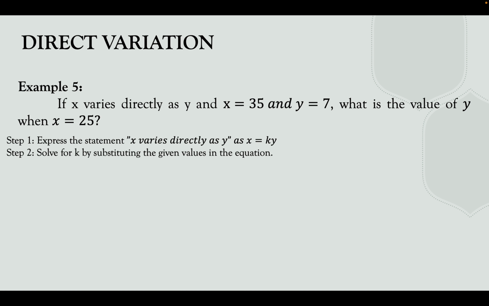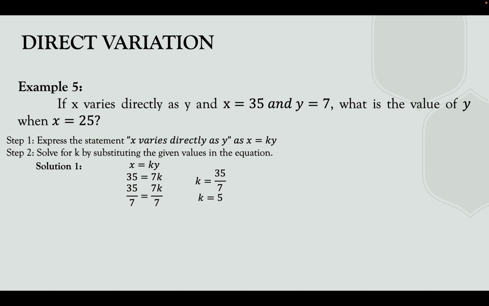Then we need to find the value of k by substituting x is equal to 35 and y is equal to 7 into the equation. So we have 35 is equal to 7 times k. Divide both sides by 7, so we have k is equal to 35 over 7. So 35 divided by 7, we have k is equal to 5.